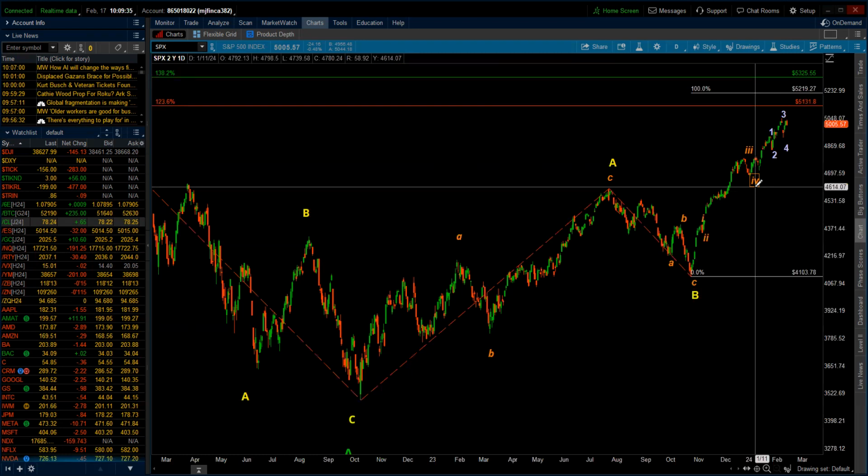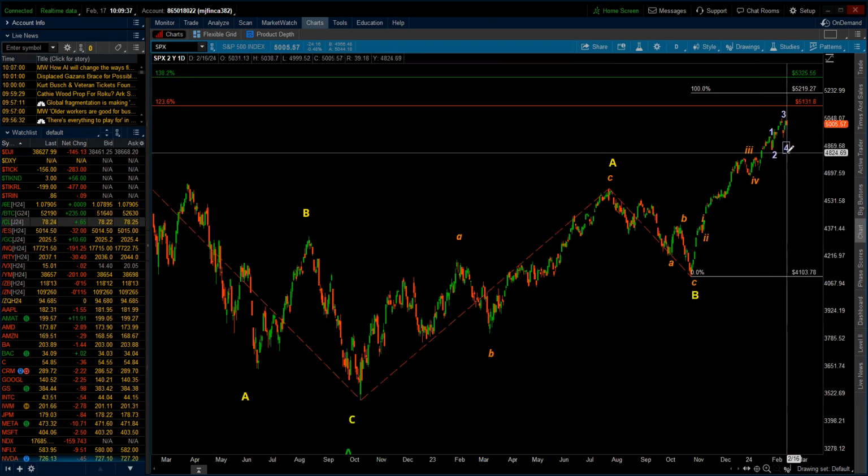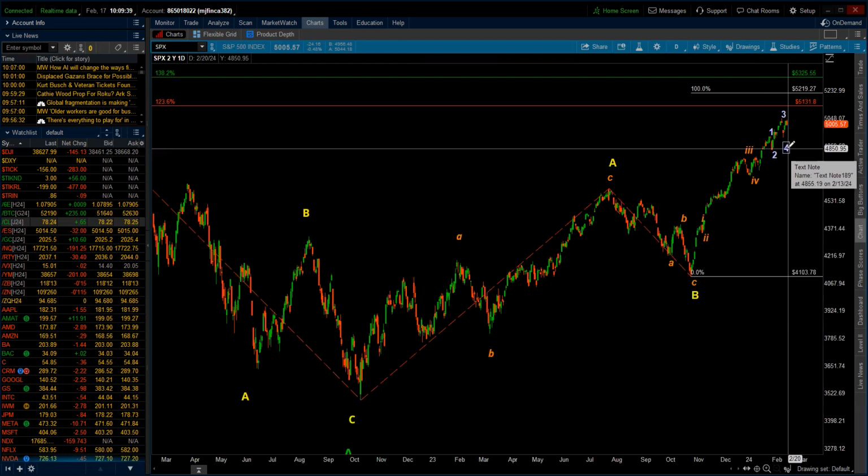And here we have minute 1, 2, 3, and 4. So accordingly then, under my count as it currently stands, we are in the final fifth wave up of minute degree to complete minor wave 5, which in turn will complete intermediate wave C, which in turn completes primary wave B. So we are close.